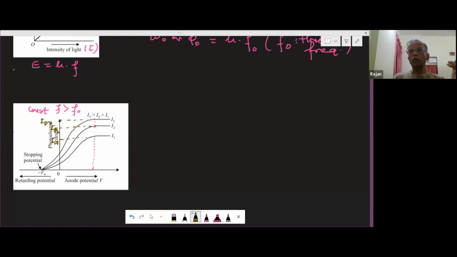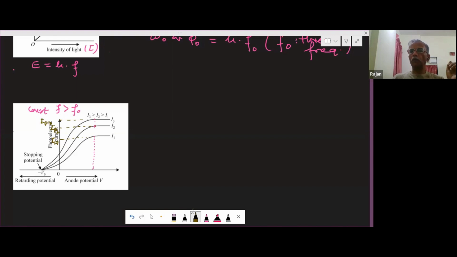Suppose I3 is greater, so I3 has more photons, so more photoelectrons are liberated, that's fine, but their kinetic energy is totally governed by the energy of the incident ray that we have fixed, because frequency we have fixed.